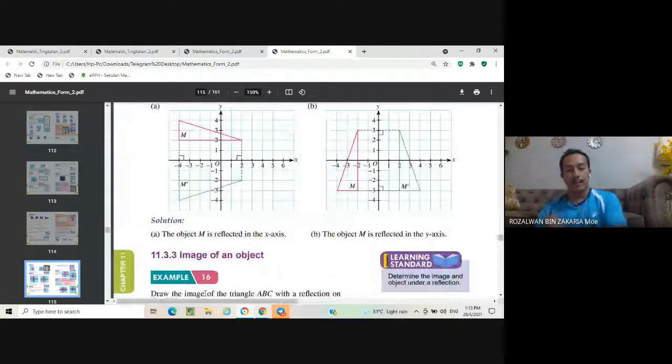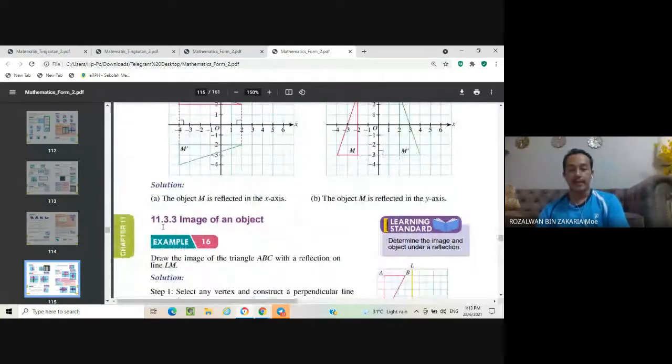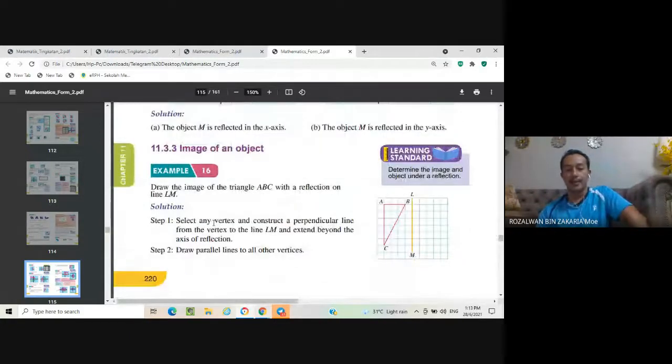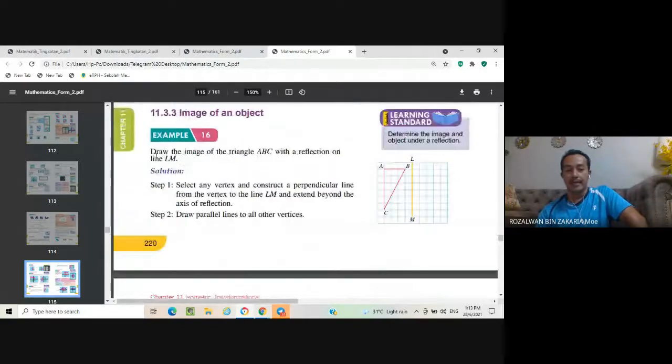Okay, next we go to subtopic 11.3.3, image of an object. Okay, so example 16. The question is: draw the image of the triangle ABC with a reflection on line LM. So how to do this one?